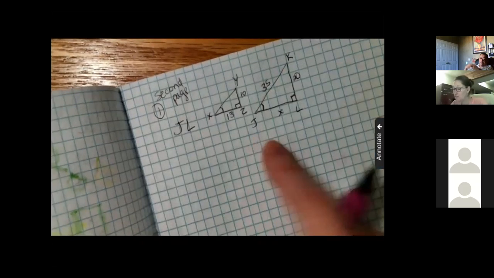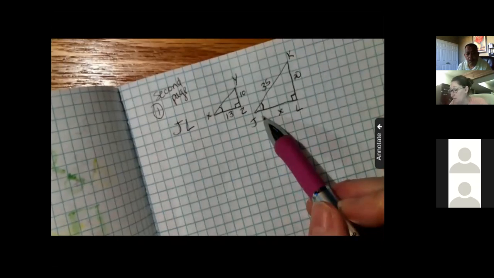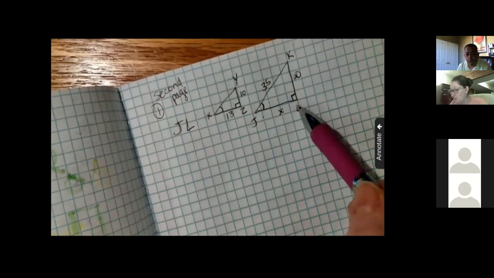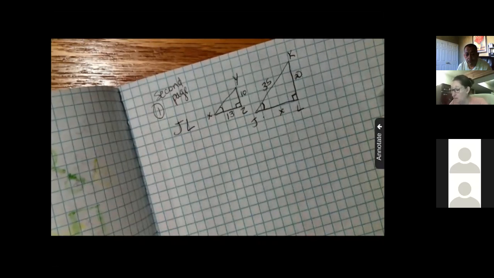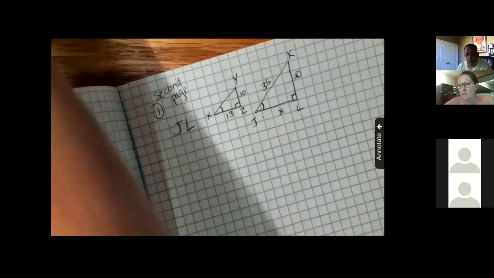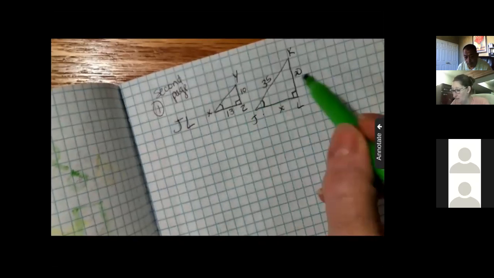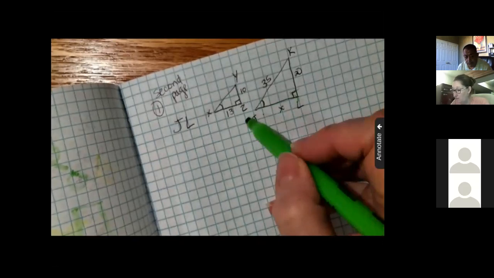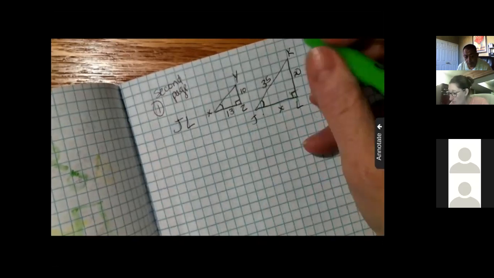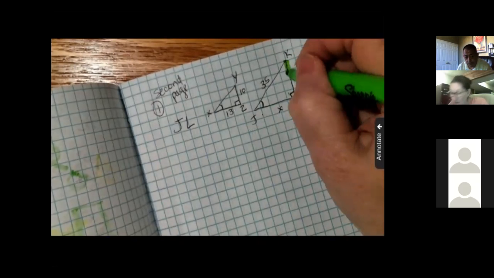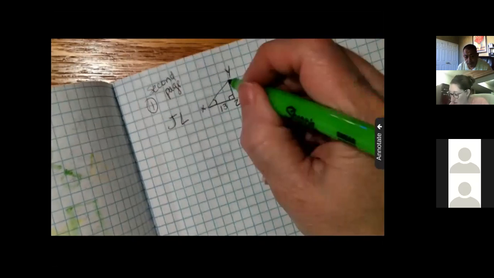So we would say they're congruent by angle, side, angle, or side, angle, side, either way. So what we need to do is match up and go, okay, what do we have? Because they're similar and they're set the same way, that means that this side is congruent to this side.